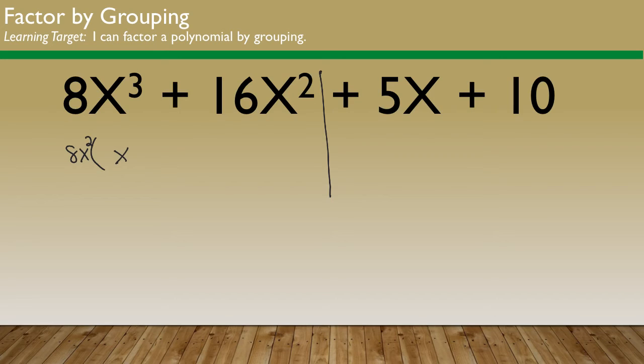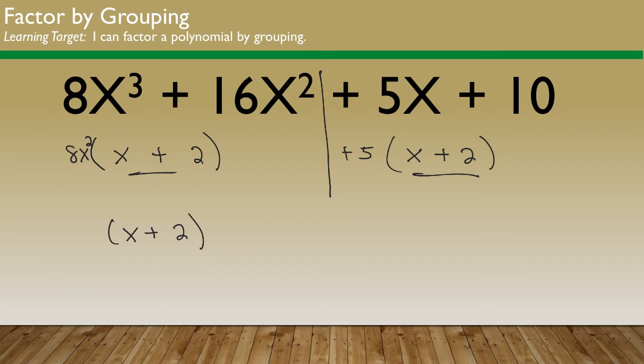Now both of these have a 5, and then this is going to be x plus 2. So x plus 2 and x plus 2, that is our common factor. And then we're going to put together these factors on the outside, and that is 8x squared plus 5. And that's it. I can't break the other one down anymore.